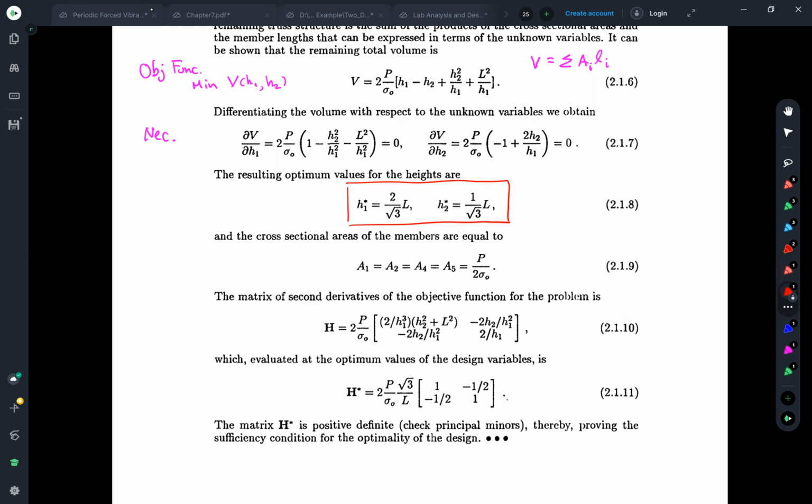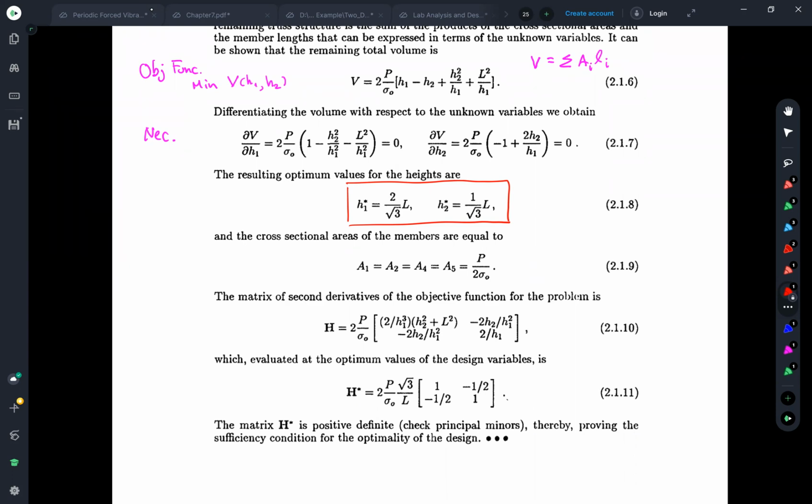To do so, we will introduce H1 and H2 equal to H1 star and H2 star into the Hessian. But in this step, they just show you that if you set the heights H1 and H2 equal to 2.1.8, the area becomes 2.1.9.